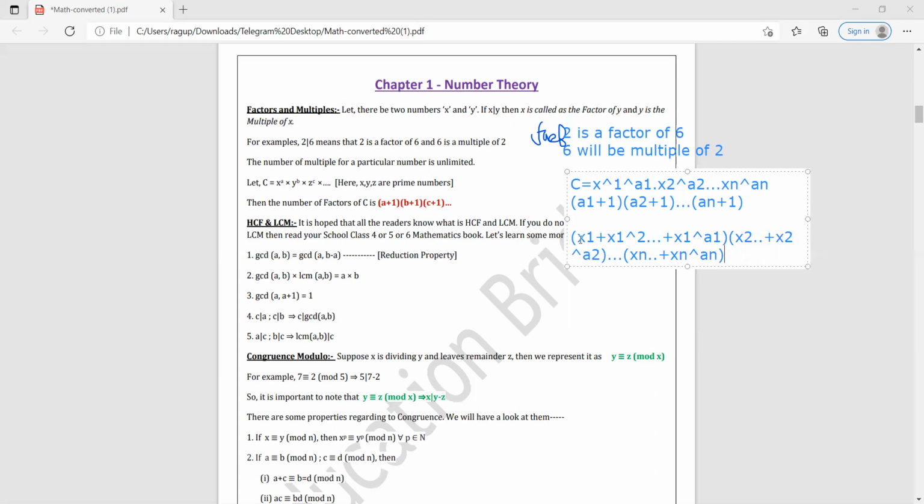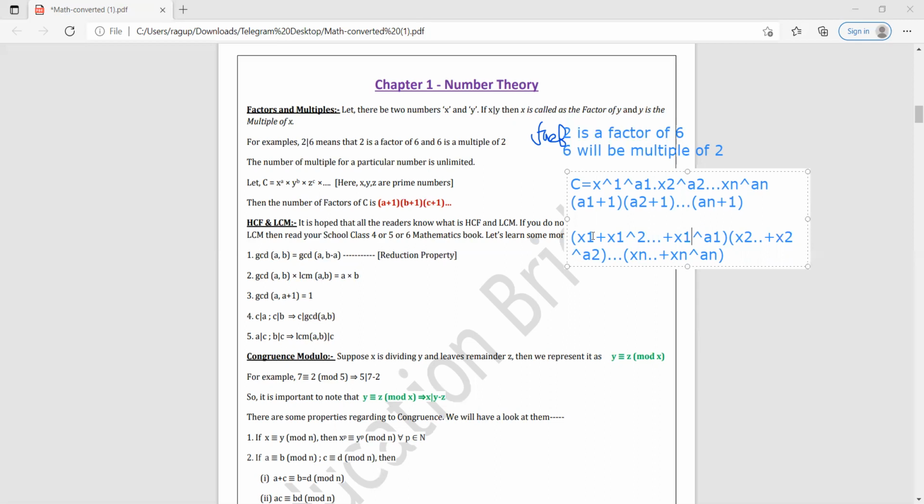Now if you notice this, to expand this expression, you basically take one term from this bracket and multiply with the others.